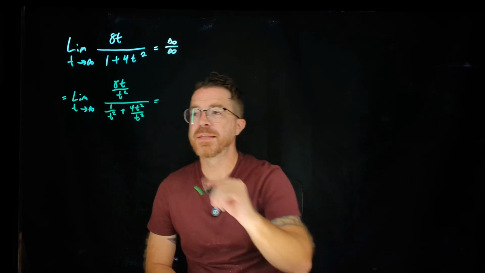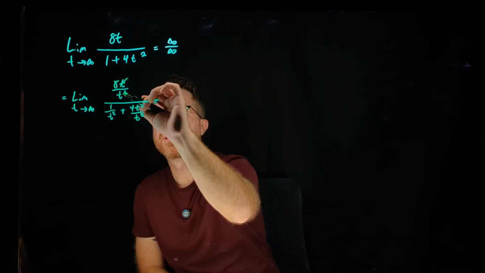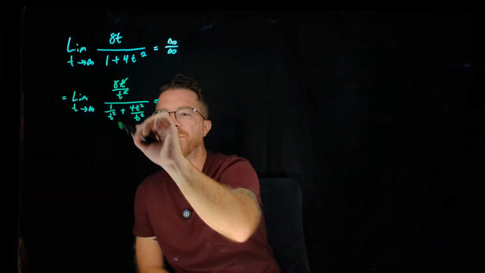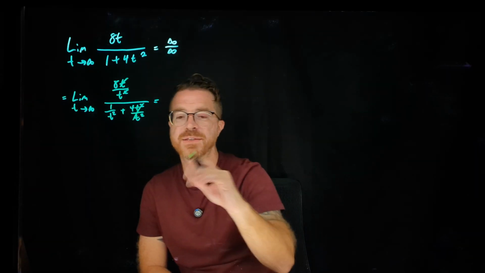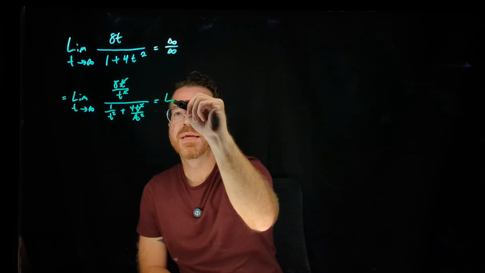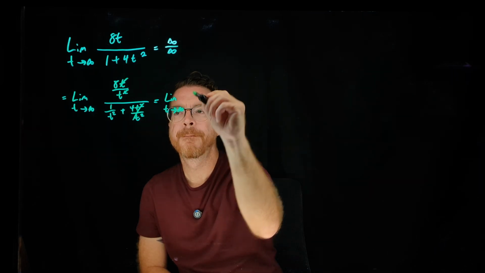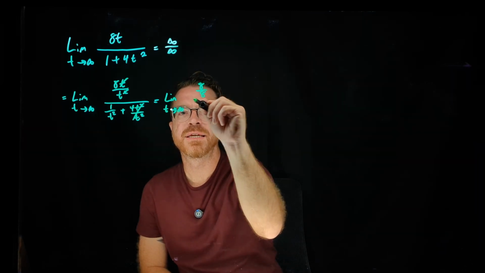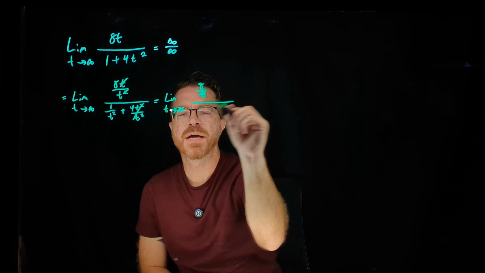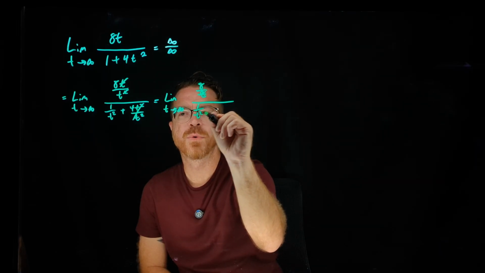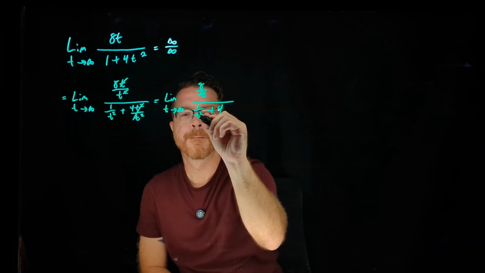Now, of course, I'm going to do some cancellation. This t will cancel with one of these t's. This will be 1 over t squared, and the t squareds will cancel here. So now what we're left with is the limit as t approaches infinity of 8 over t divided by 1 over t squared plus 4.